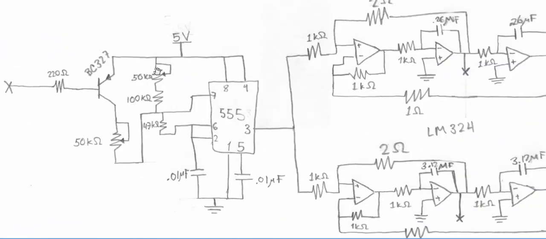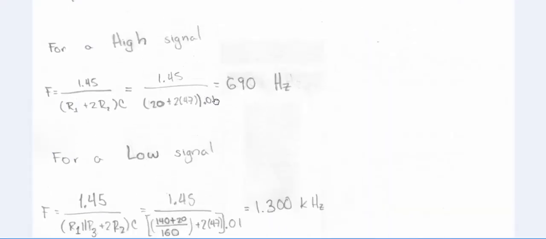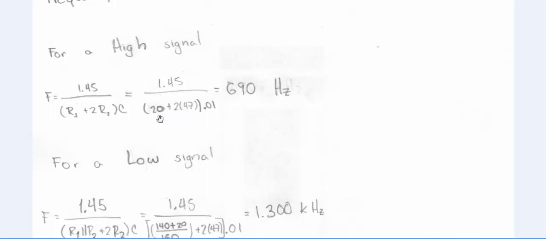As you see in the modulator, the important resistances are this, and the summation of these two. So this potentiometer is going to be R1, this resistance is going to be R2, and this potentiometer plus this resistance is going to be R3 in our formulas. In this case, we decided to put around 20 kilo ohms in our potentiometer of 50 kilo ohms.